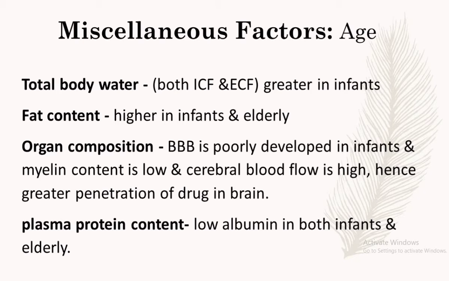Organ composition, that is the blood-brain barrier, is poorly developed in infants, so drugs can easily pass into the brain of infants compared to the elderly or adults. There is low albumin in both infants and the elderly, so there will be less drug binding with albumin.